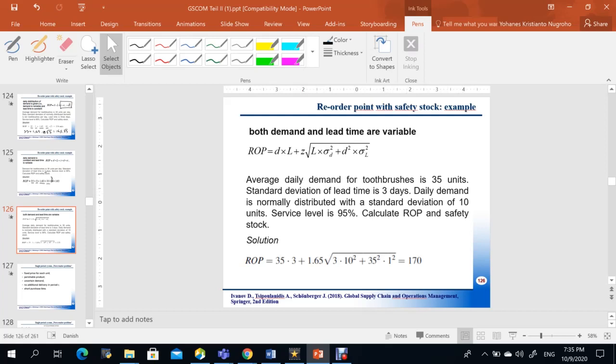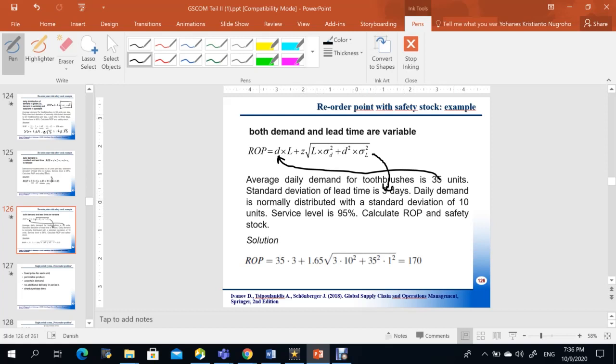It is D, small d. The standard deviation of lead time is 3 days. And daily demand is normally distributed with a standard deviation of 10.